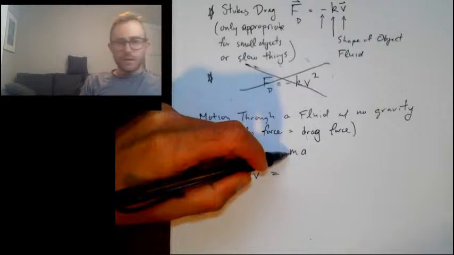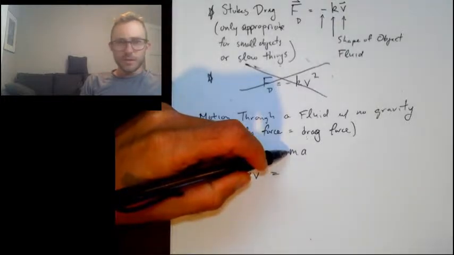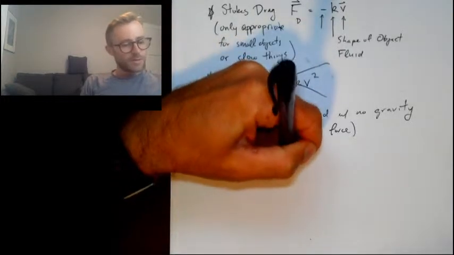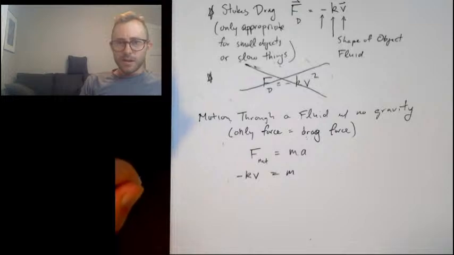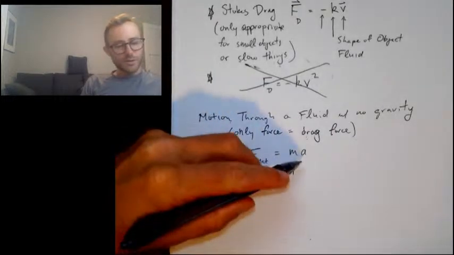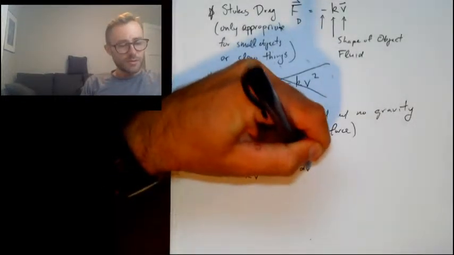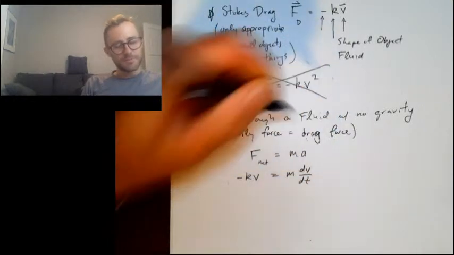Then the mass is m, and I'm going to write the acceleration as the derivative of the velocity.